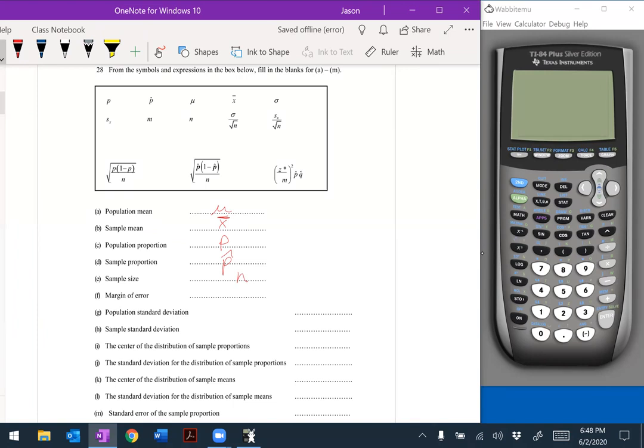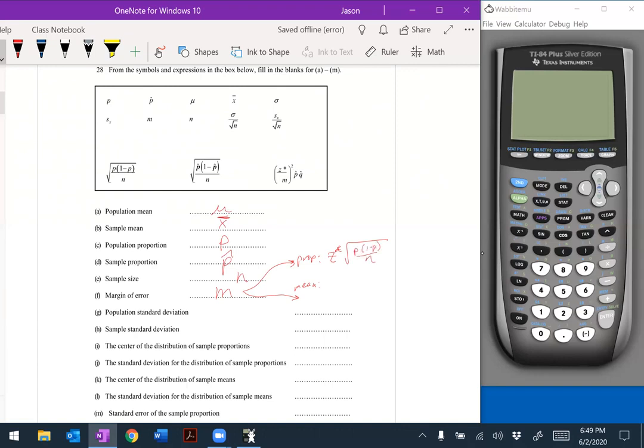Margin of error. Where's the margin of error? Oh, M. Sometimes it's used as M. It has two formulas, depending on if you're using proportions or means. For proportions, the margin of error is z star times the square root of p times 1 minus p all over n.